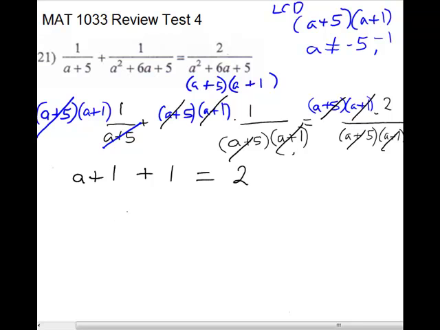So here I have a plus 2 equals 2. Subtract 2 from both sides. So a equals 0. It's okay to get 0. 0 is a number. We did not throw 0 away. We threw away negative 5 and negative 1. So our answer is 0.